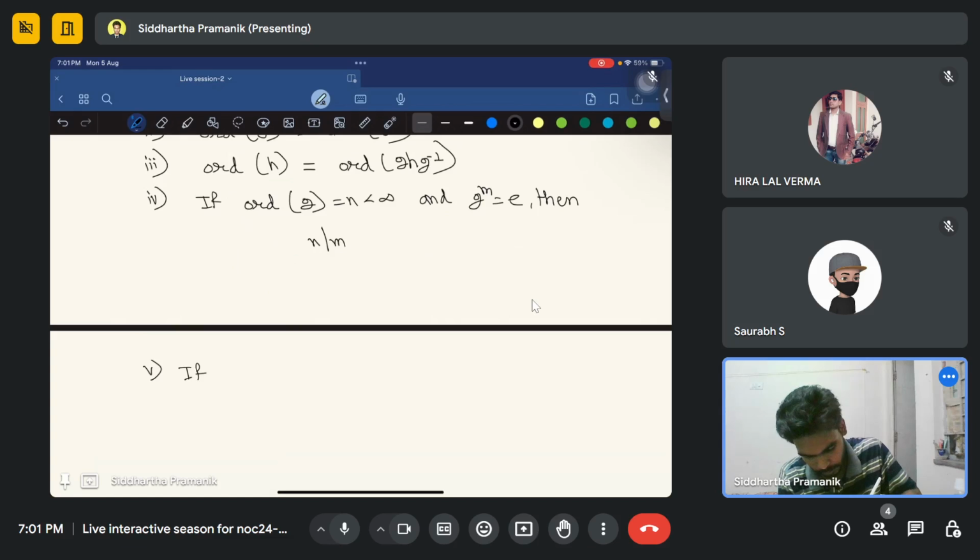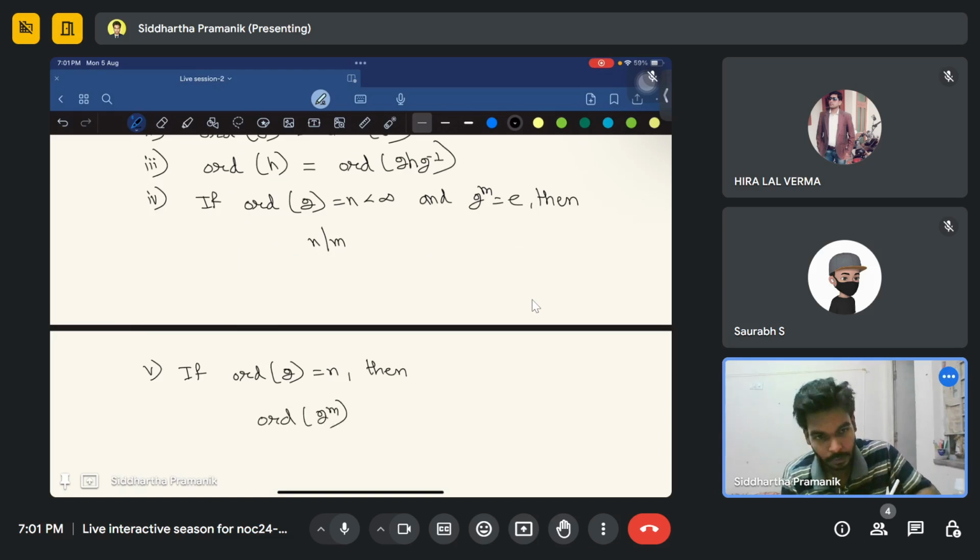And the next one is basically a formula. So if order of g equals n, then order of g power m, we can describe this, is the same as n by GCD of n comma m.